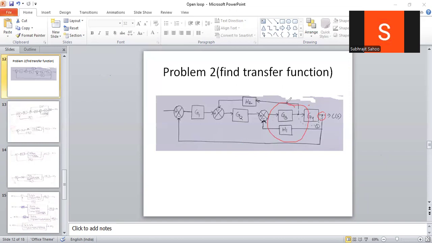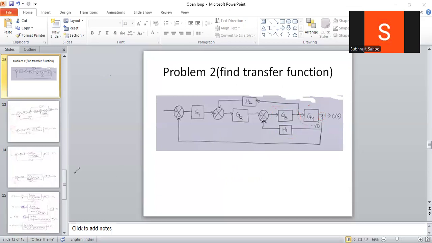Since it is a negative feedback, with a minus sign, what is the formula? The formula is G by 1 plus GH. Here G is G3, H is H1. So G3 by 1 plus G3 H1 becomes one block. If I move this to left, I can convert the total closed loop into a single block by applying this formula. Very simple.